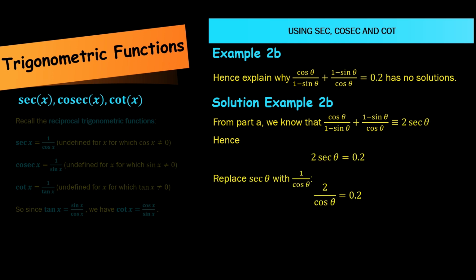Replacing sec theta by 1 over cos theta, we have 2 over cos theta equals 0.2. This implies that cos theta equals 10. But of course, since cos theta is between minus 1 and 1, cos theta equals 10 has no solutions.